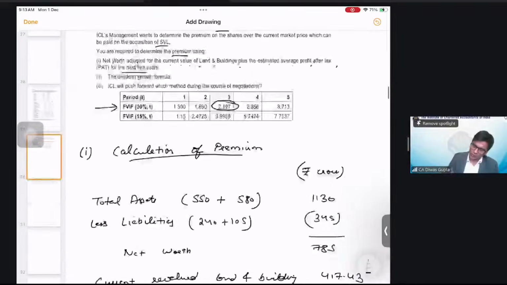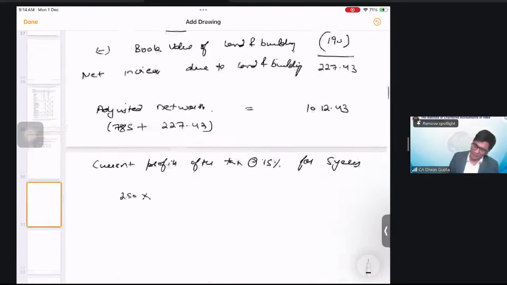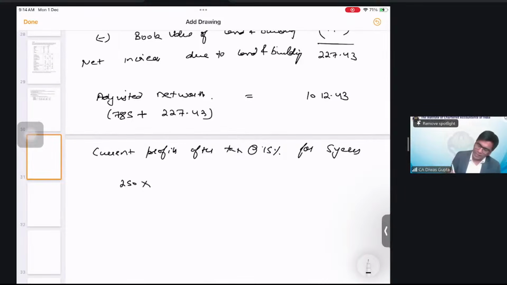So we will use what? Future value 15% for the next 5 years, which is 7.7537. So 250 multiplied by 7.7537 is 1938.43. Correct? So from this, the average profit of 1 year will be how much? Divide by 5.